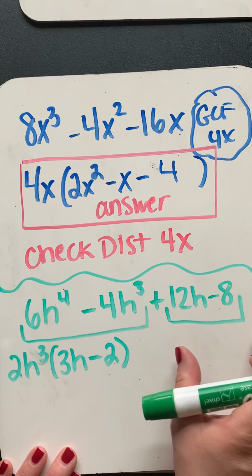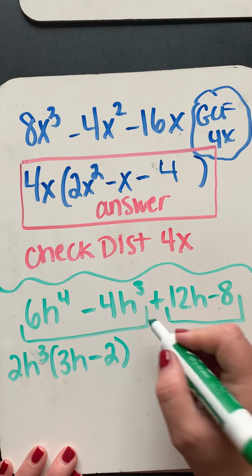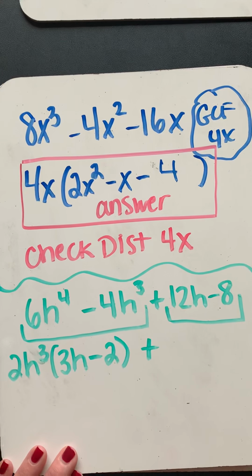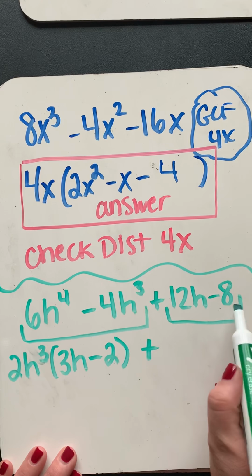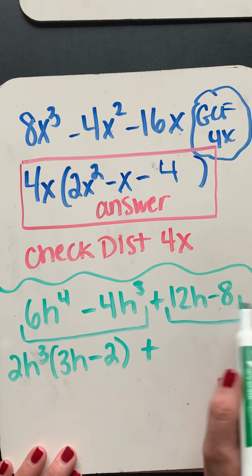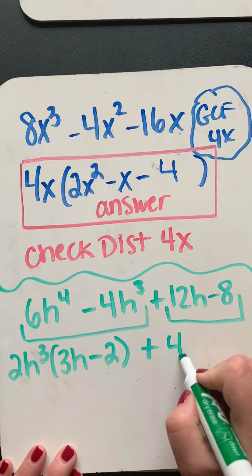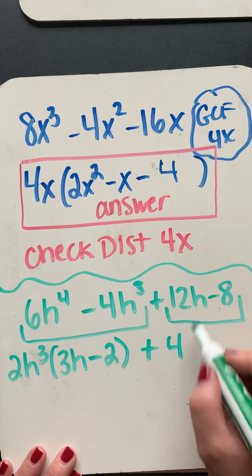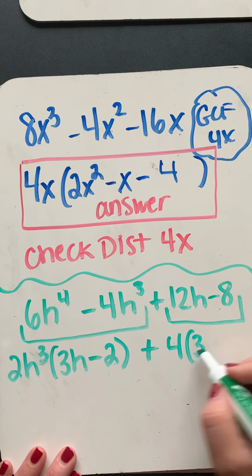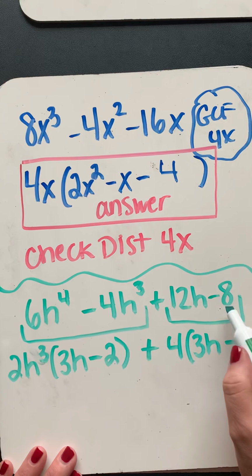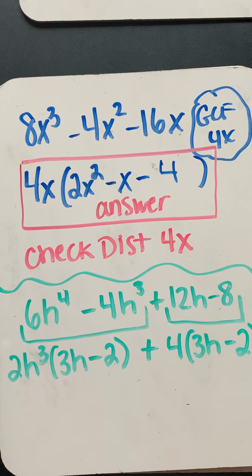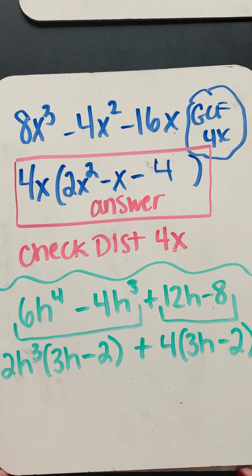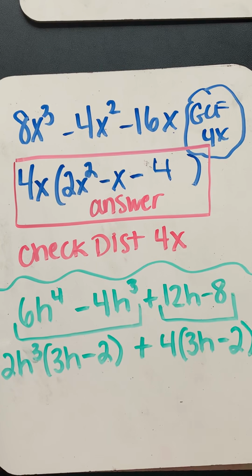Now I focus on the second set of terms. I drop my plus sign down. The biggest number they're both divisible by is 4. 12h divided by 4 is 3h, and 8 divided by 4 is 2. Now this is super cool: what do you notice?